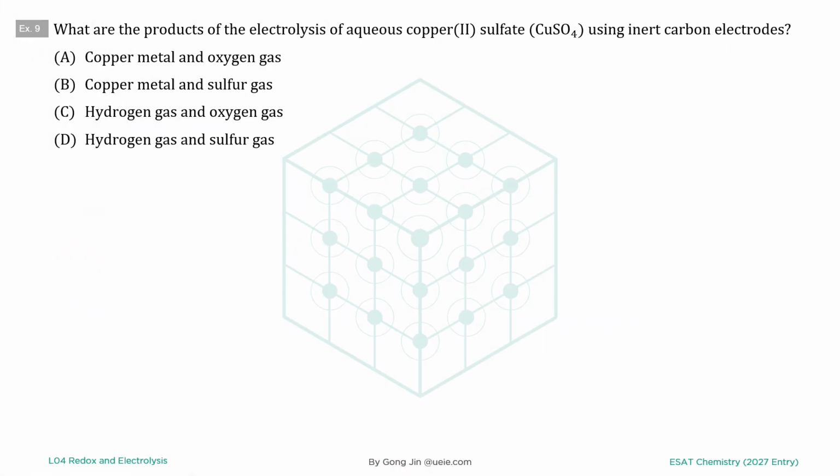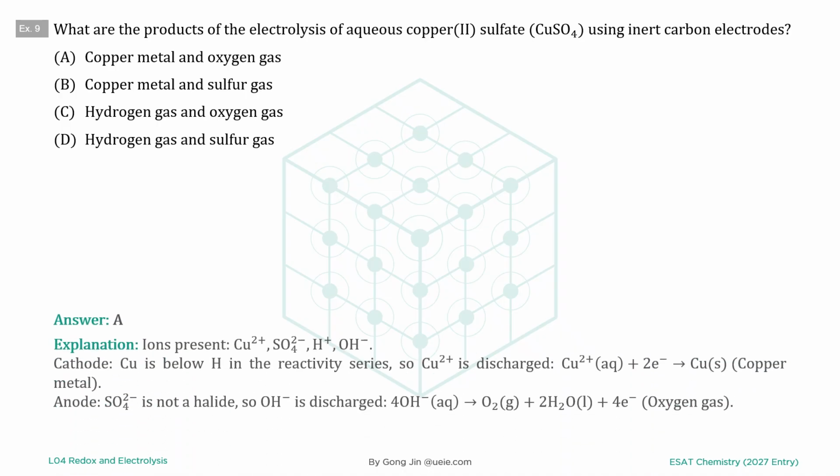Let's use our rules to solve this problem, electrolyzing aqueous copper-2 sulfate with carbon electrodes. What ions do we have? Copper ions, sulfate ions, hydrogen ions, and hydroxide ions. At the cathode, copper is below hydrogen in the reactivity series, so copper metal is produced.